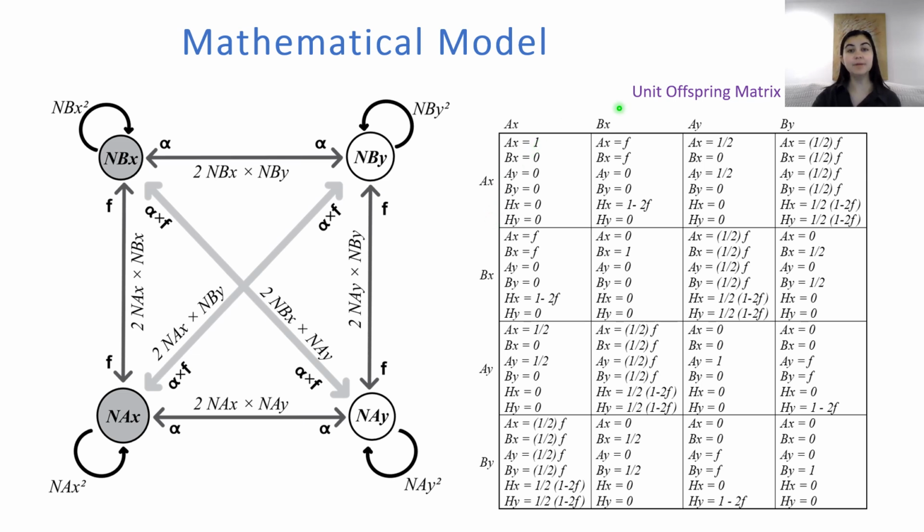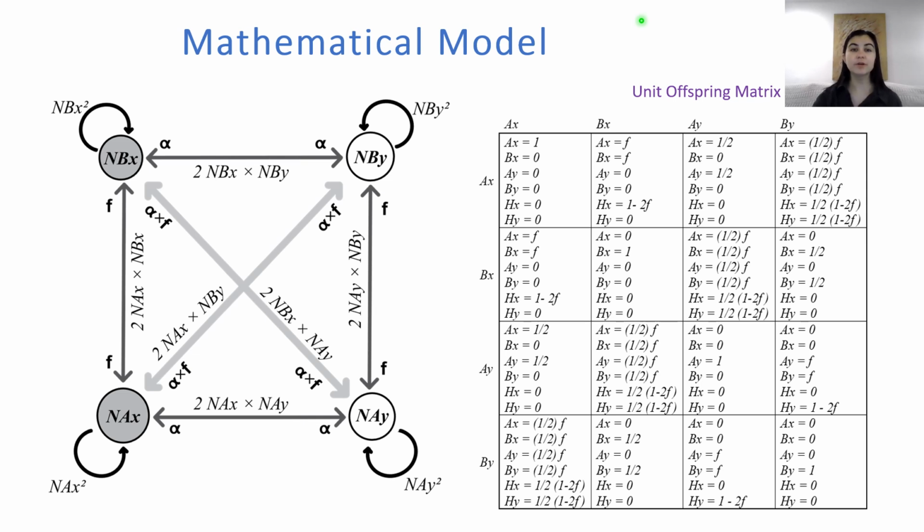For AX and BX, only 1/8 will be AX, 1/8 will be BX, and 6/8 will be non-viable hybrids. The ratios in each cell add up to 1. Because AX, BX, AY, and BY all add to 1, the sum of all ratios in each of the matrix cells add to 1, and therefore all the parameters are normalized.